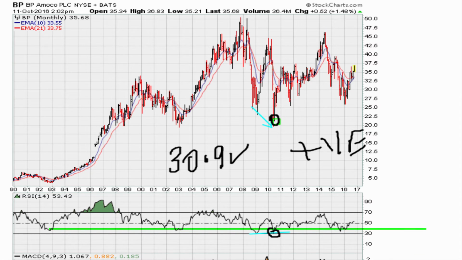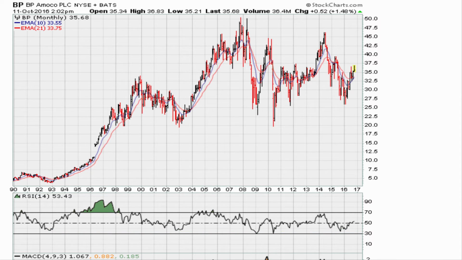We had support on this line, uniform action below the green line and back above it, and then also an improvement in RSI strength after prices recorded fresh monthly closing lows, and of course since then the stock has gone to trade higher.